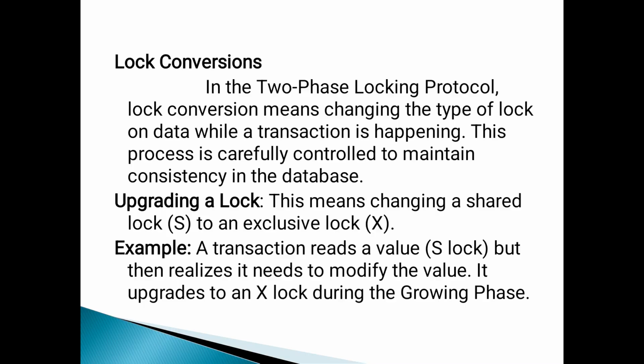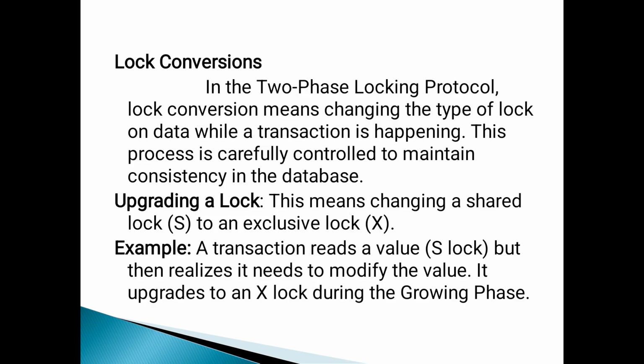Next, lock conversion. In lock conversion, the type of lock on data is changed while the transaction happens. This process is carefully maintained and controlled for the consistency of the database. Next, upgrading a lock.